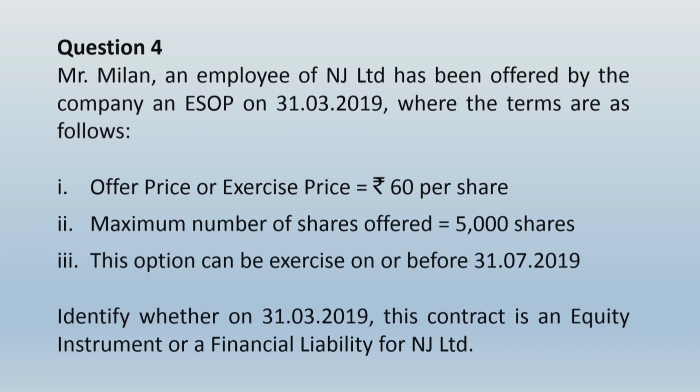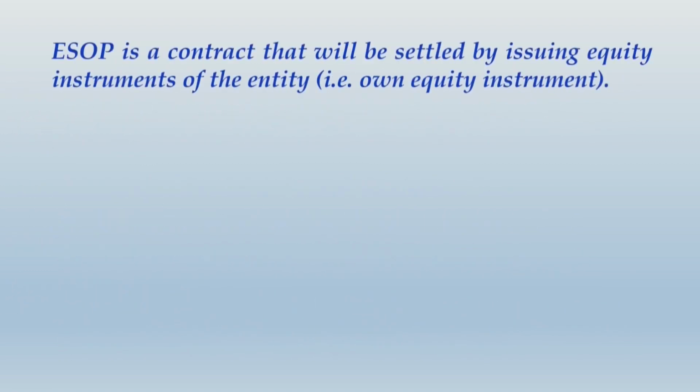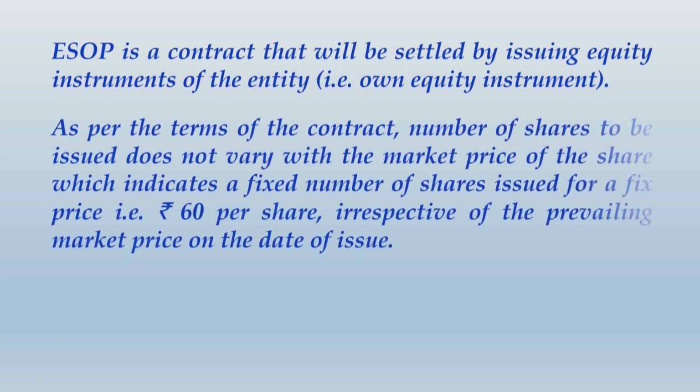Now friends, you know one thing very well. When the number of shares is fixed and the amount is also fixed, it will be simply an equity instrument. So how would you write up your answer? You would say ESOP is a contract that will be settled by issuing equity instruments of the entity, that is, its own equity instrument.